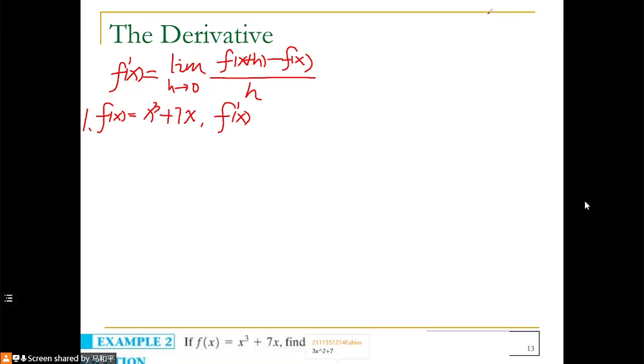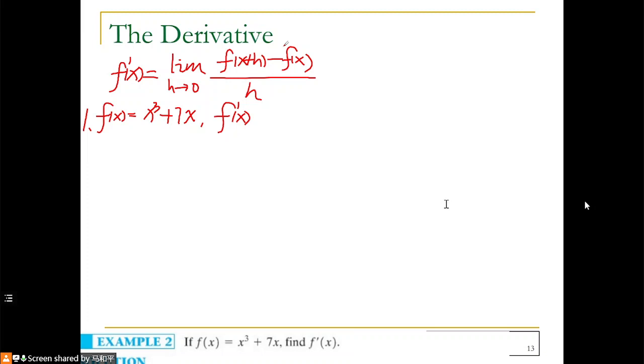3x squared plus 7. The answer is right, but what's your precise procedure? How to calculate it? Number 14, can you share your answer? Just the final answer.